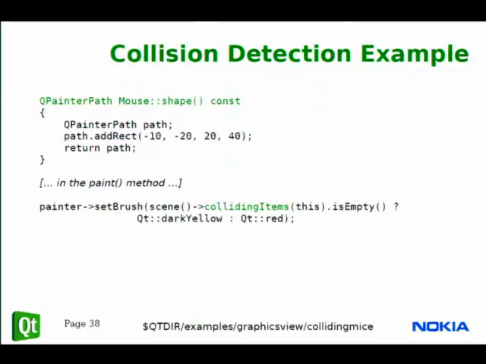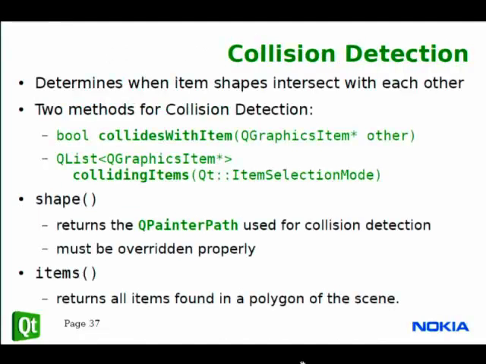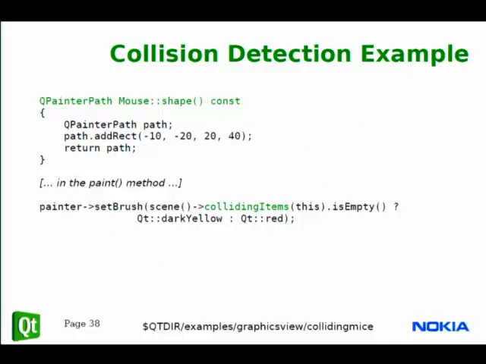So here's the collision detection example where we're looking at the colliding mice again. The mouse has a certain shape, and here's the QPainterPath. We just add a rectangle, and then we return it.